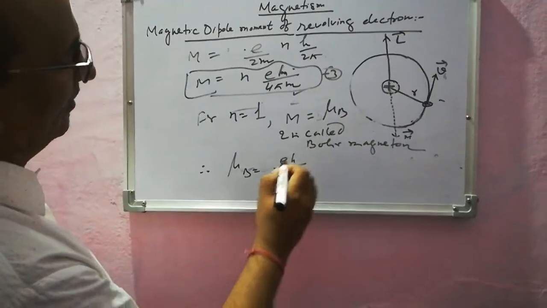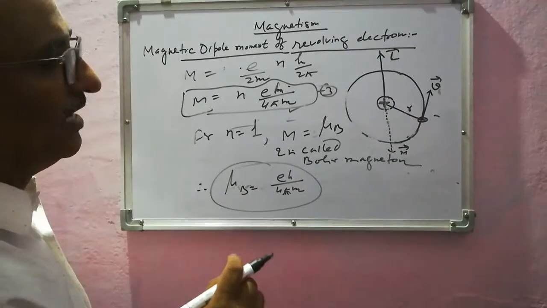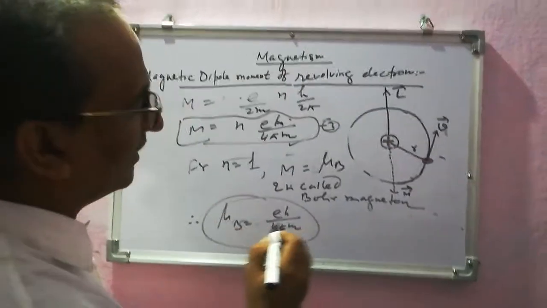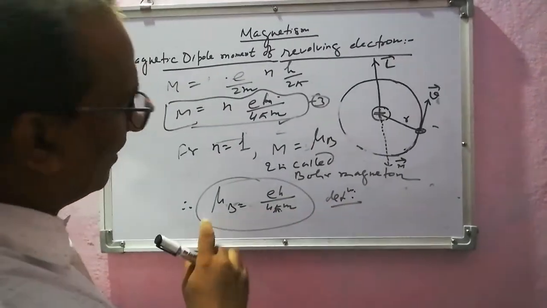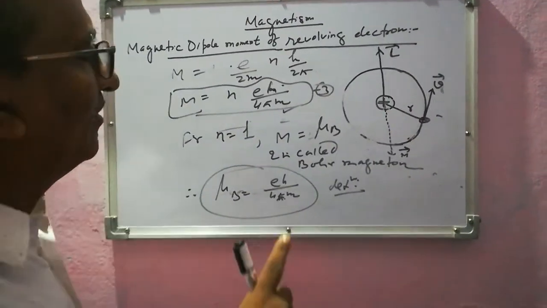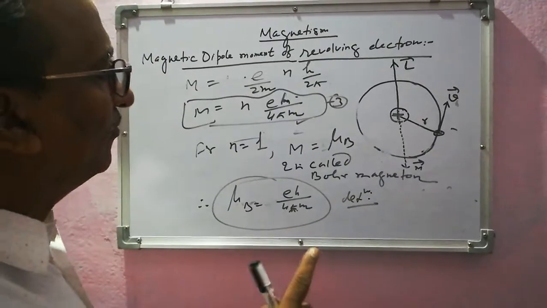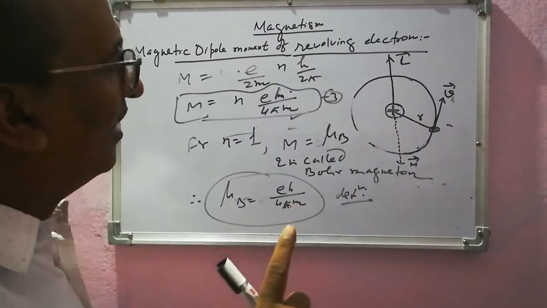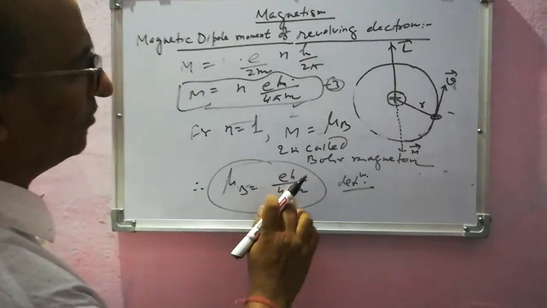This is the least possible value of magnetic dipole moment. You may define the Bohr magneton as the magnetic dipole moment associated with an atom due to the revolution of the electron in the first orbit of the hydrogen atom.